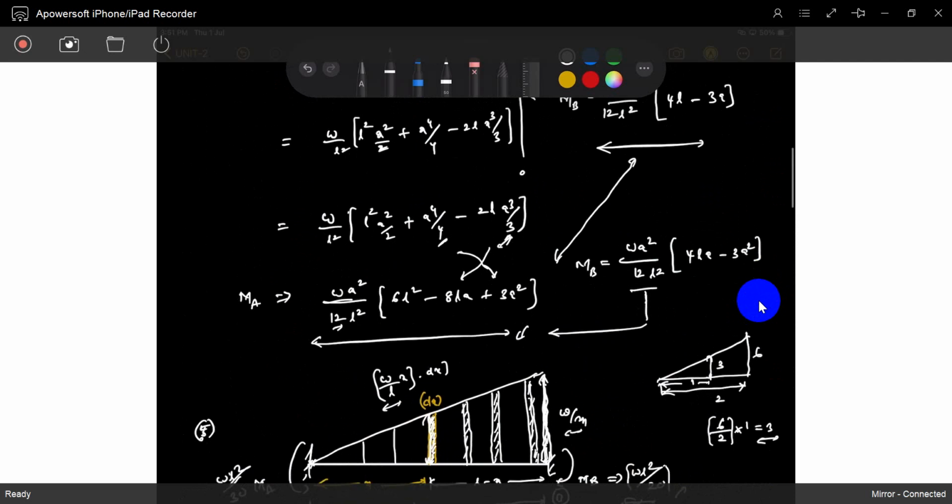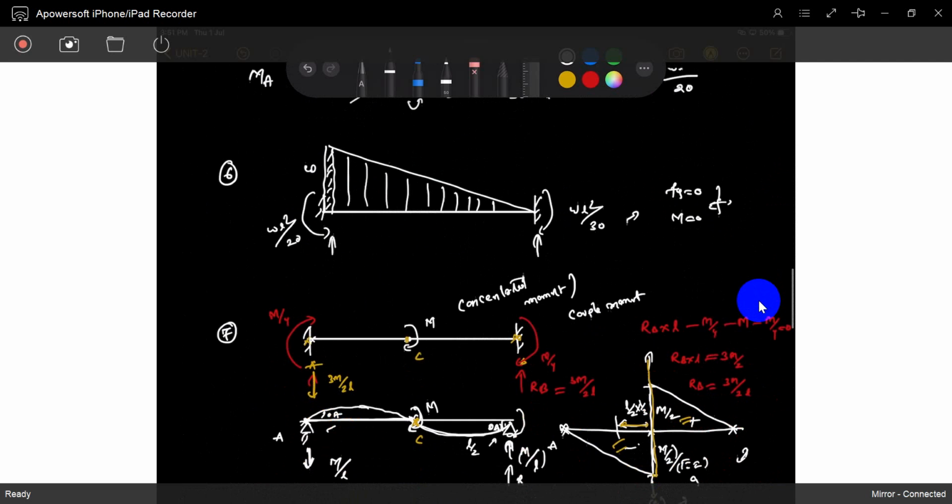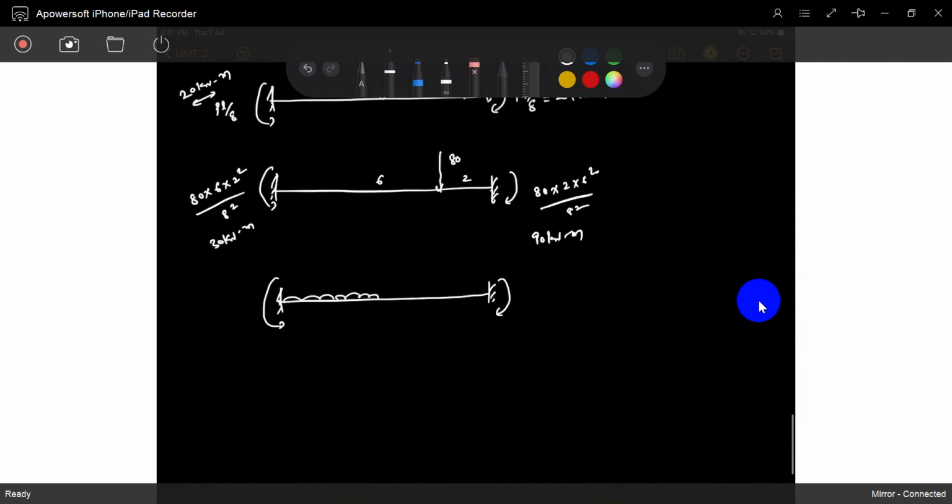MA is W L square by 12 into 6 L square minus 8 L A plus 3 A square. And MB is W L square, so sorry, it is not A square, that is A square.